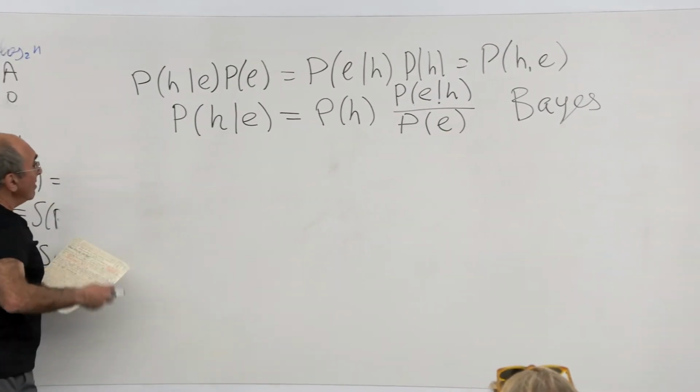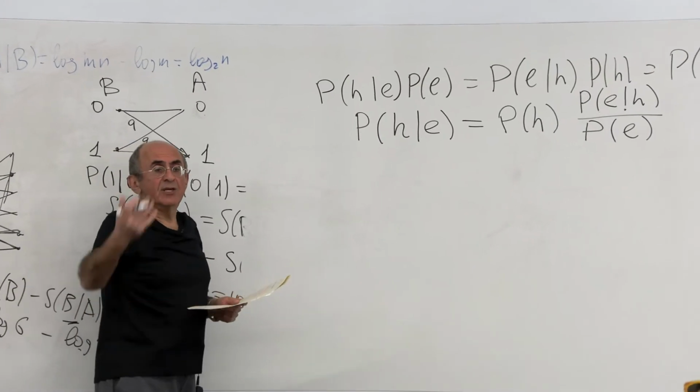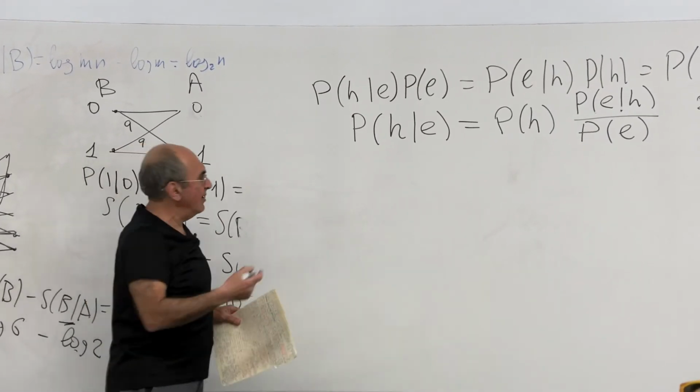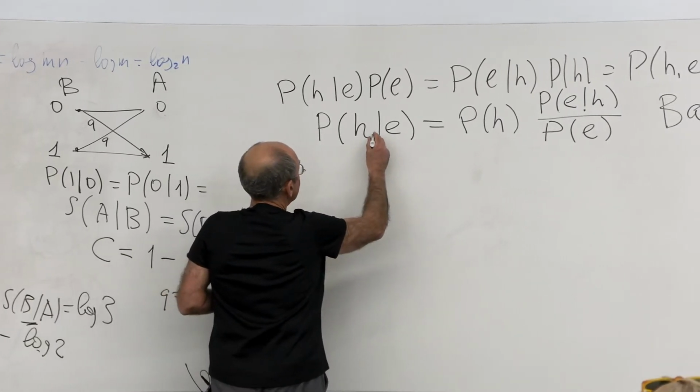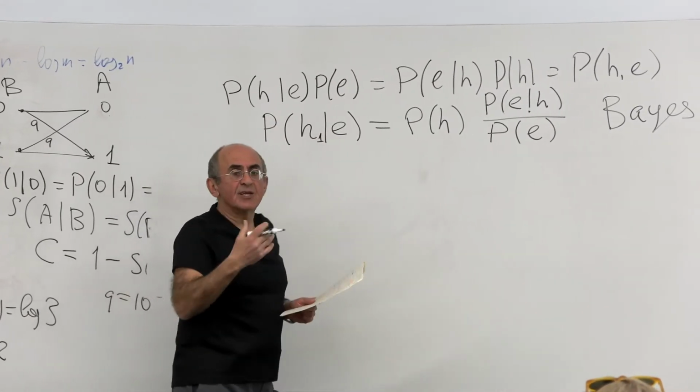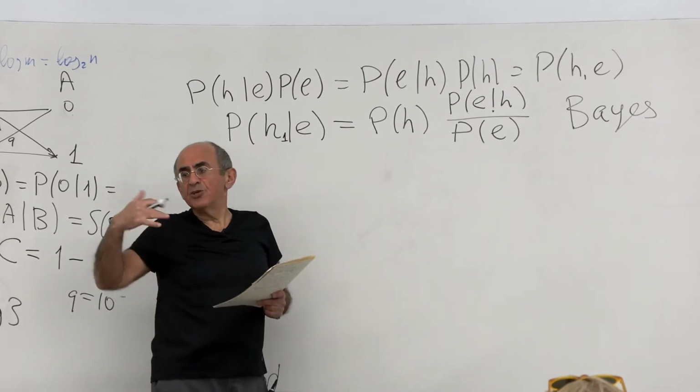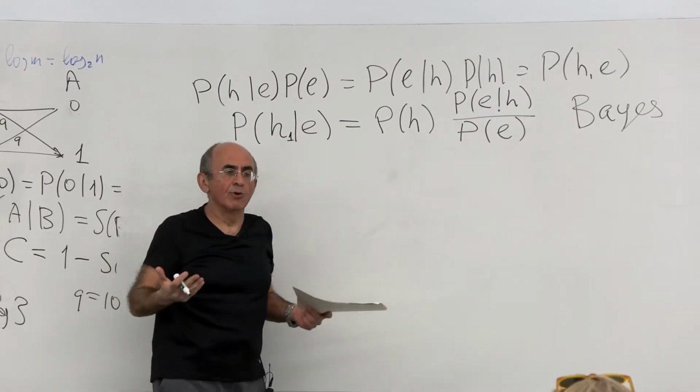Let's say we have a hypothesis and its negative, namely that we have H1 and H2. In this case, I would say that H1 is my statement that there is a conspiracy, and H2 is my statement that there is no conspiracy.